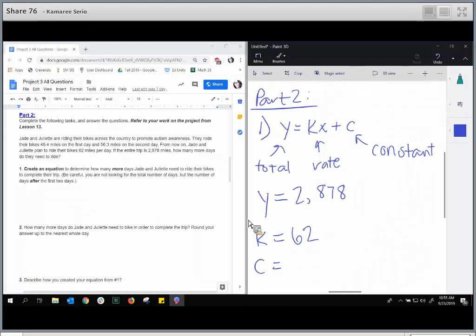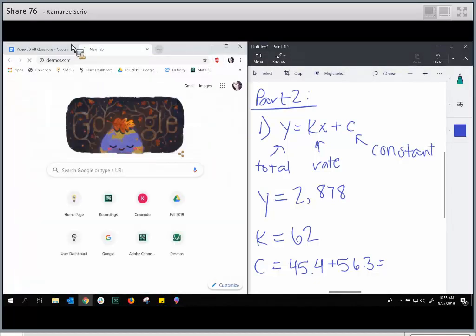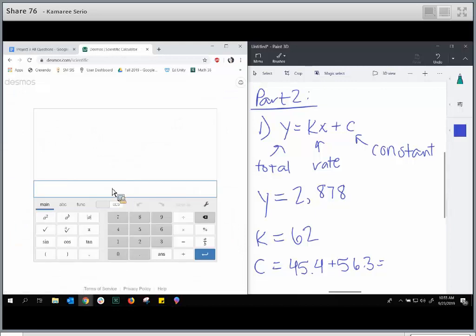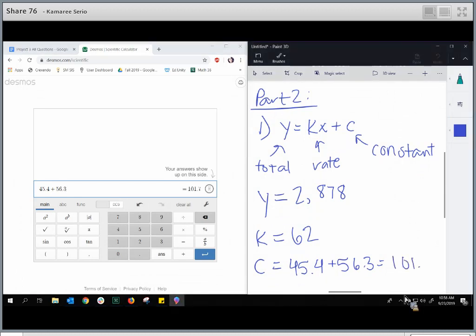So to do that, I would take this 45.4 and add it to 56.3. When I add these two together, let me pull open a calculator, that will give me my c, my constant. That's where they're starting. So that means they're starting at 101.7 miles. So this is my c.